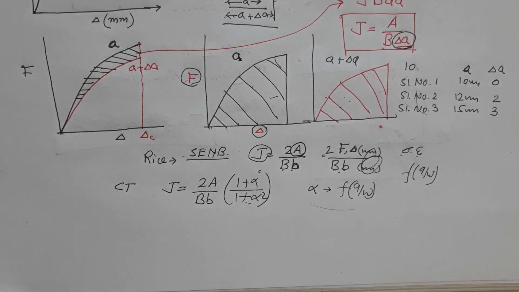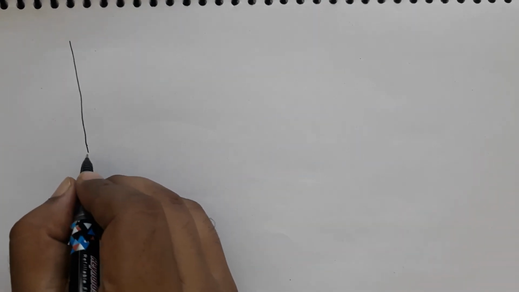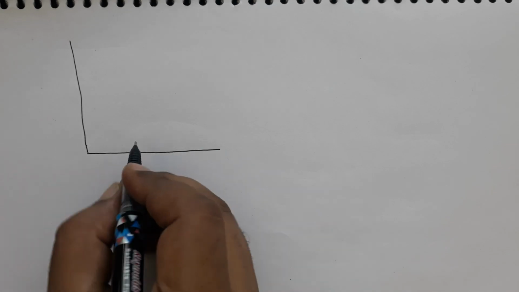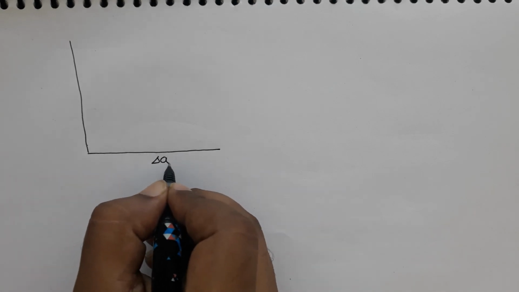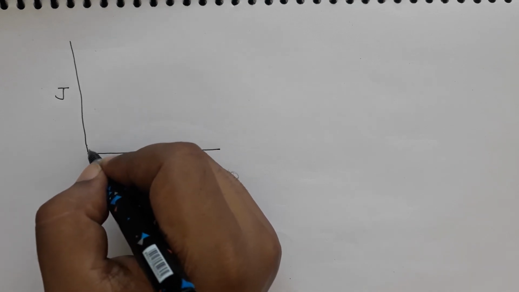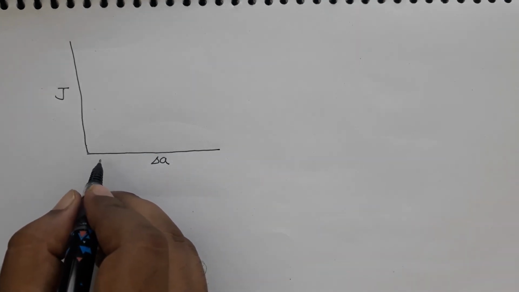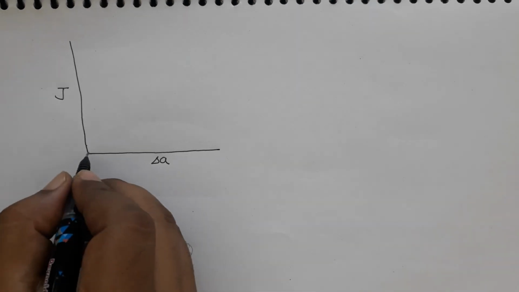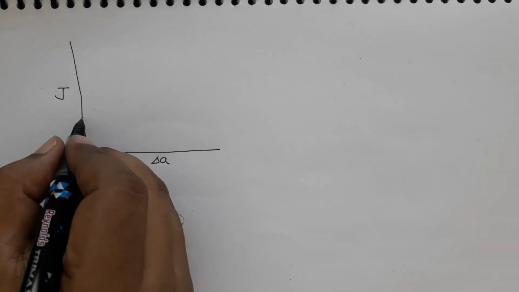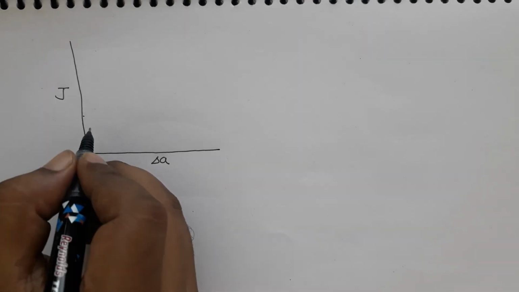So that we will do in the next page. So let us say we have done the testing of 10 specimens, and at different crack lengths we have obtained the value of J, and now let us plot those values. So initially you will have some data point which may start here at 0.